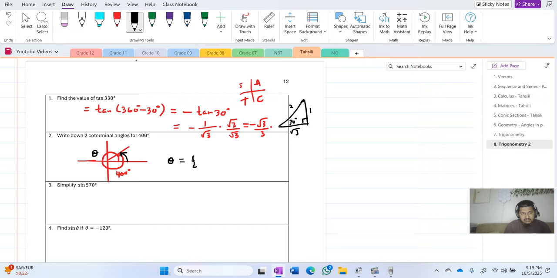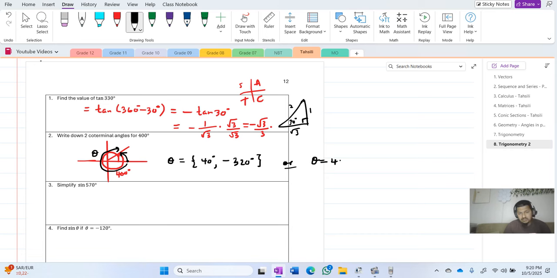And another angle that I can find is going in the opposite direction, in the clockwise direction. So 360 minus 40, which is negative 320. Or you can use the formula, which is theta equals 400 degrees plus 360k.